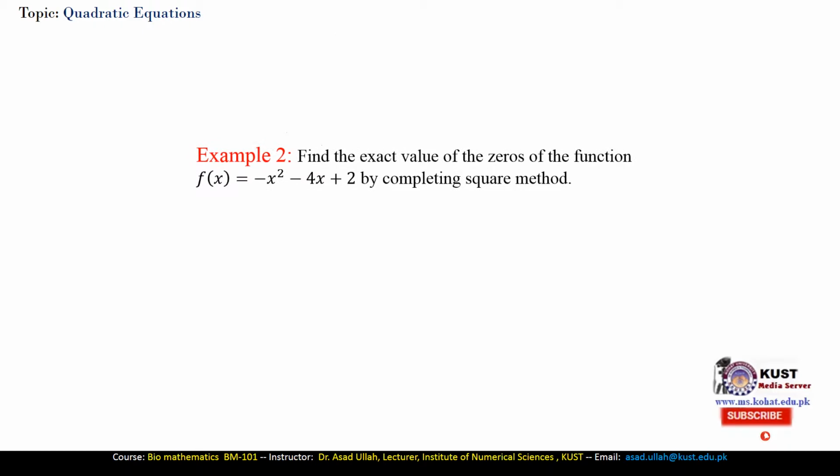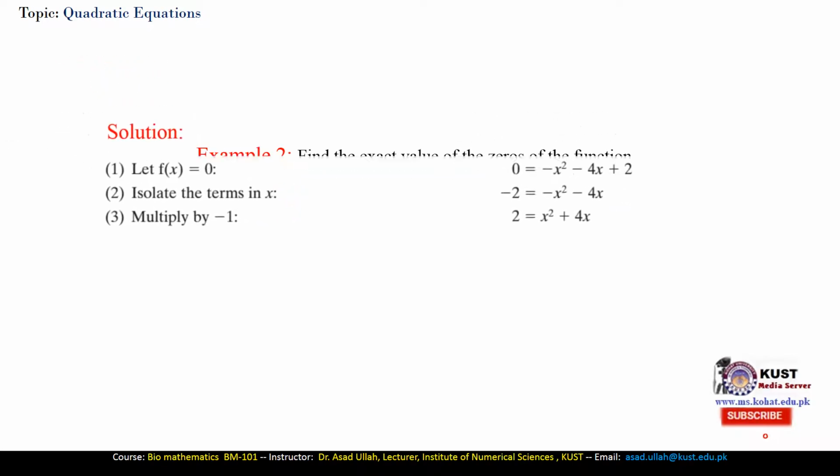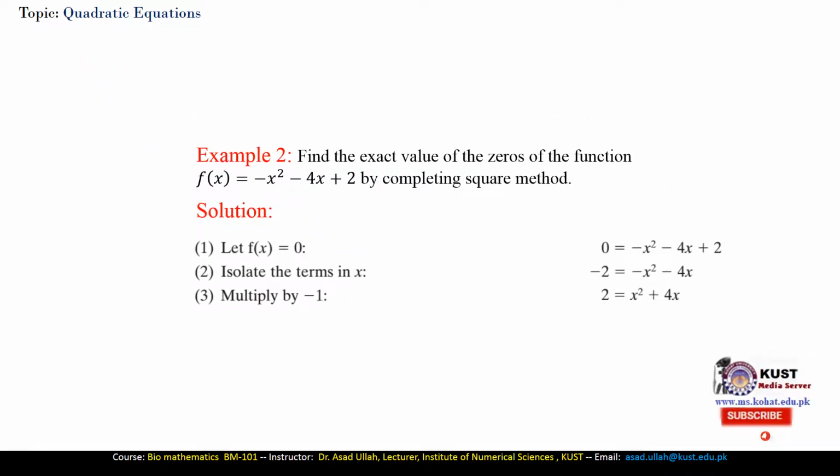Here is another example. We have chosen the quadratic function, that is minus x square minus 4x plus 2. Solving the quadratic equation and finding the roots of the quadratic function are the same thing. So here in the solution, first we take f of x is equal to 0.